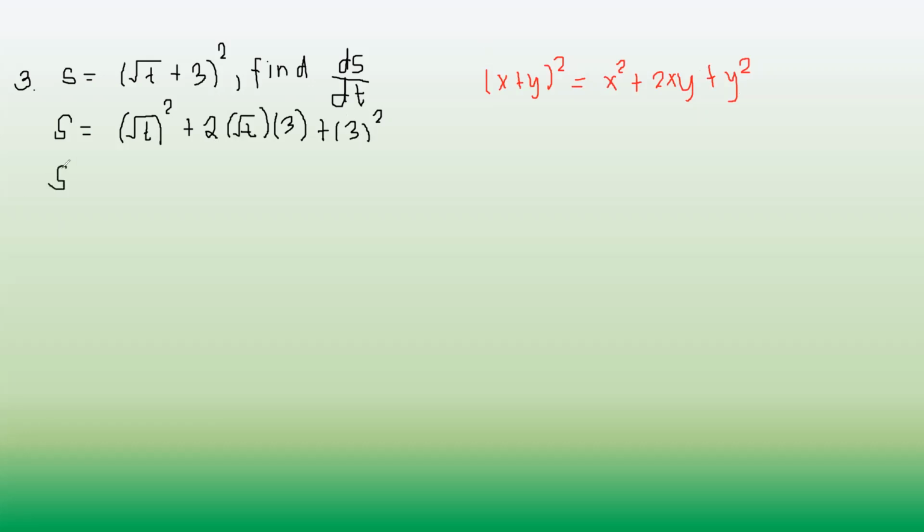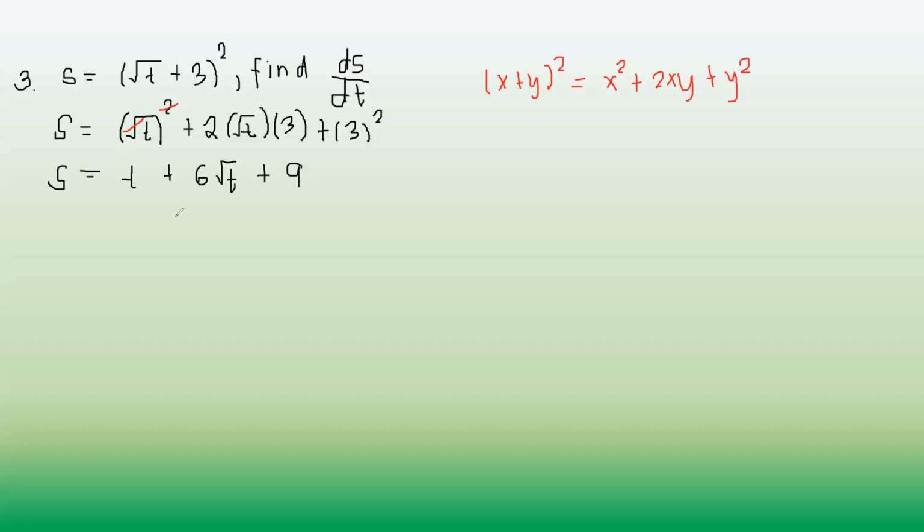S will become, so dito cancel na yung square root saka yung squared na yan. So we will have t plus 2 times 3 is 6. So 6 square root of t. Plus this is 3 squared is 3 times 3, so we have 9.